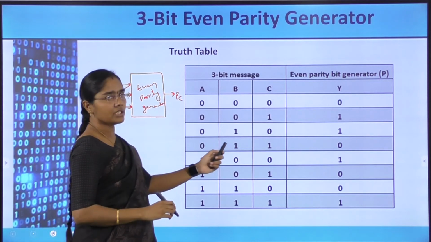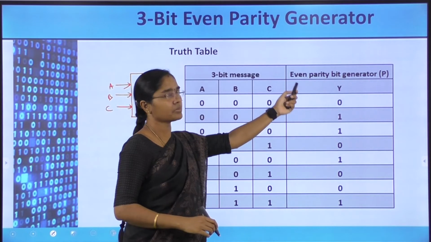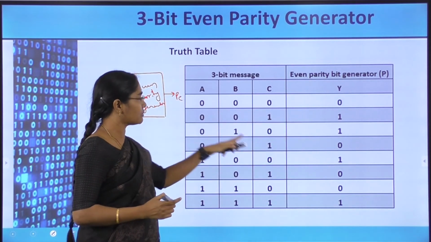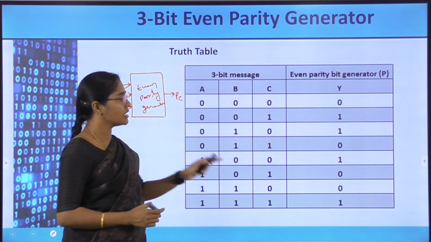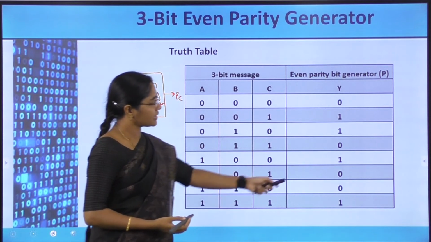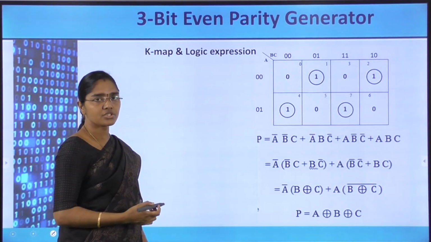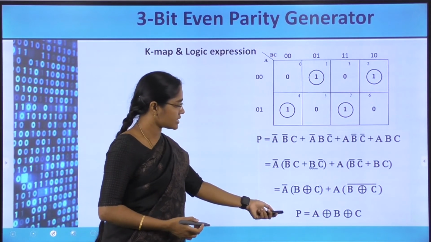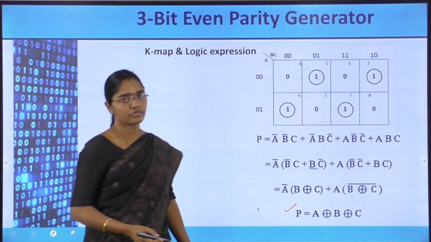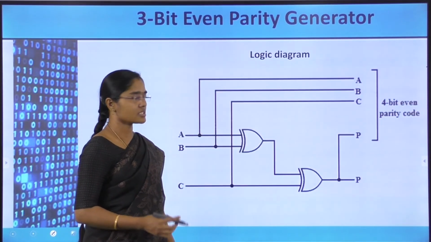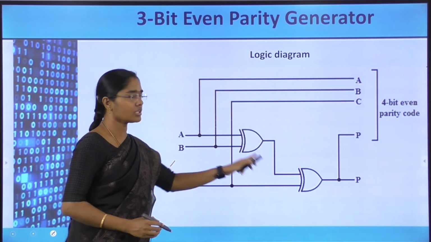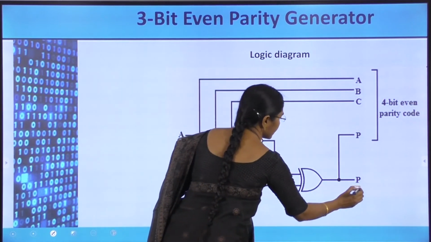Then writing the truth table, 3-bit message, even parity bit P, writing the parity bit as 1 for an odd number of ones in the input 3 bits and 0 for an even number of ones in the message bits. Then taking this expression and simplifying by using a K map, we rewrite the expression P is equal to A XOR B XOR C, and representing that as a logic diagram, it is just A XOR B XOR C as the parity bit.